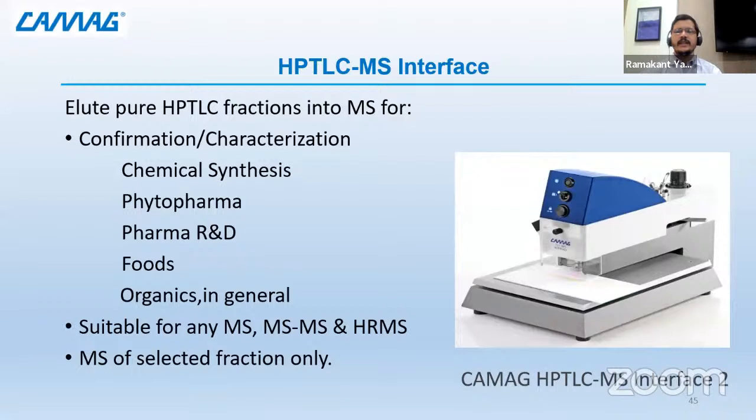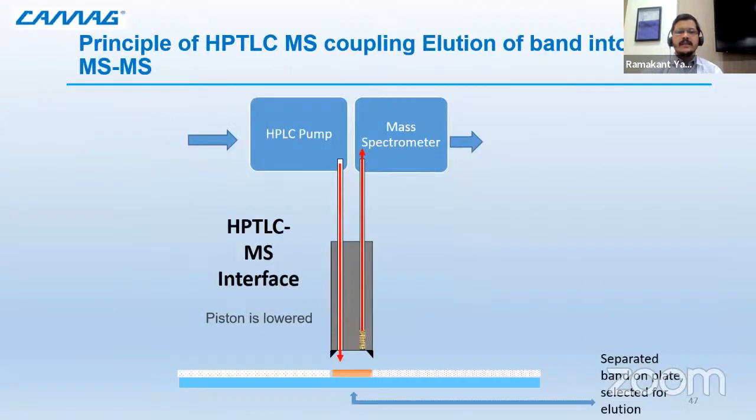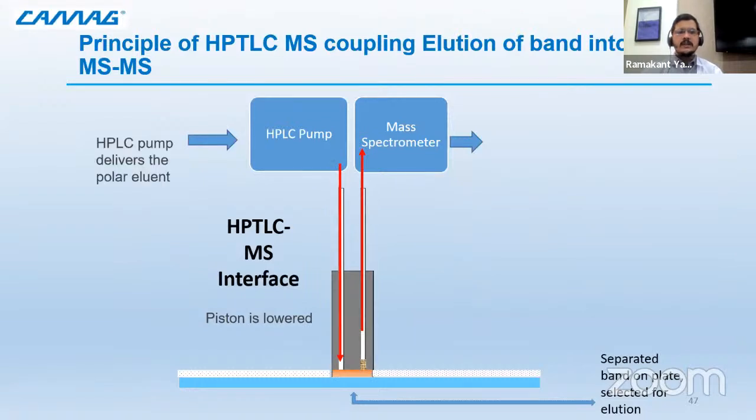We can hyphenate HPTLC by using the HPTLC-MS interface. I will show you the schematic. One end of this interface is connected to the HPLC pump, from where 0.3 milliliter per minute of solvent will fall onto the plate. Here, this is our plate we have kept at the stage of the TLC-MS interface.